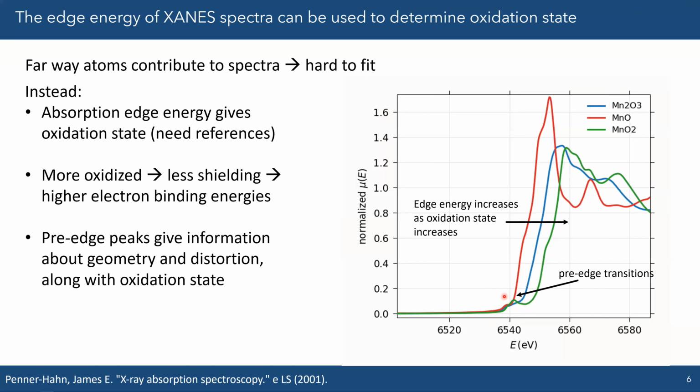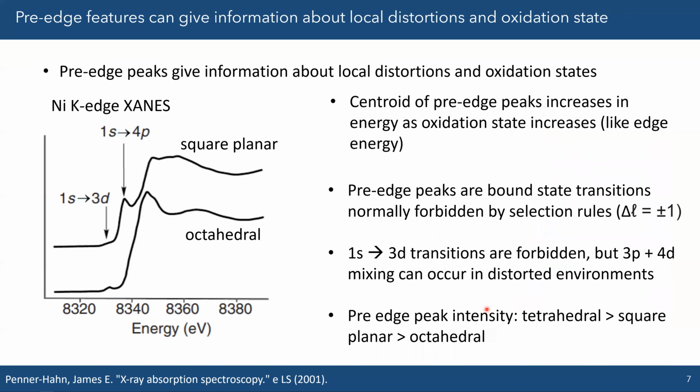To clarify, by absorbing atom I mean that if you're focusing on the manganese K edge, your absorbing atom would be manganese, because remember, XAS is element specific. So more about the preedge peaks and how we interpret them. Again, the centroid of the preedge peaks will increase in energy as the oxidation state of your absorbing atom increases. This is similar to the edge energy.